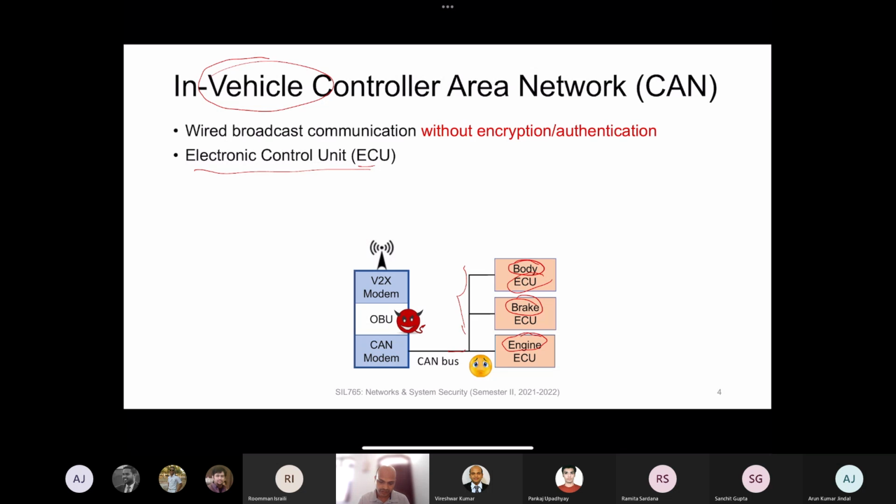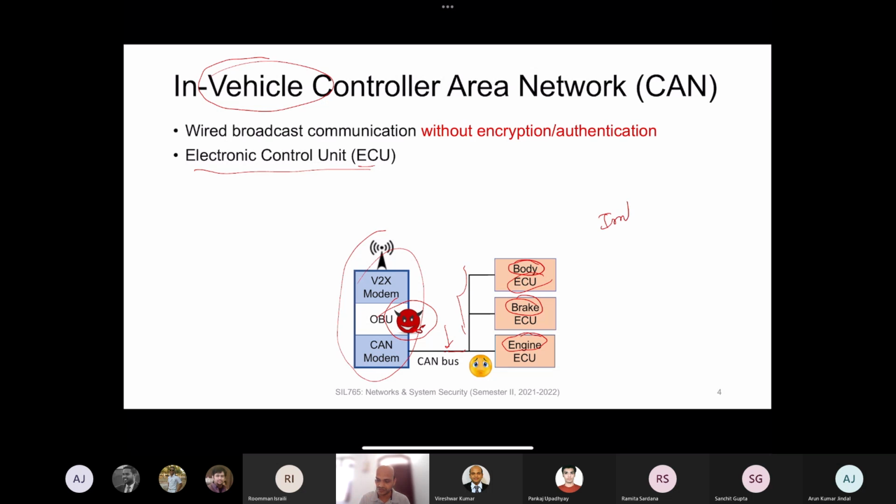And there is also a way to access this CAN bus remotely, and an attacker could try to compromise that remote connection to gain access to the bus. And if the attacker gets access to the bus, then it could start to send malicious messages.